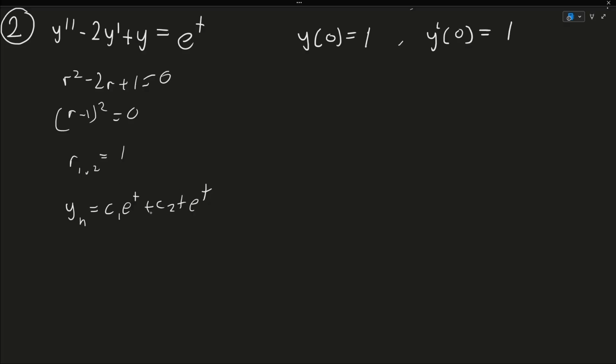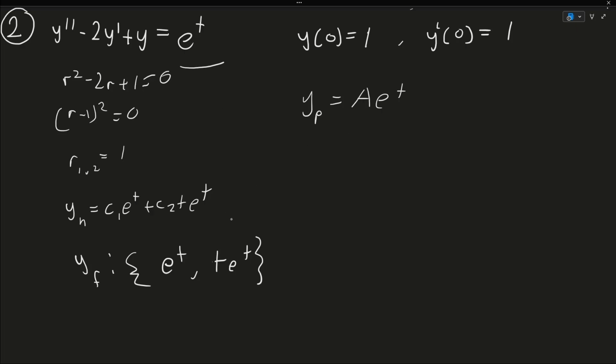Now we have the y homogeneous solution, and now we want to find the particular solution, but before that we want to see what the fundamental set of solutions are. So we will have e to the t and t e to the t here. And now if we want to make a guess, our guess would be a e to the t.